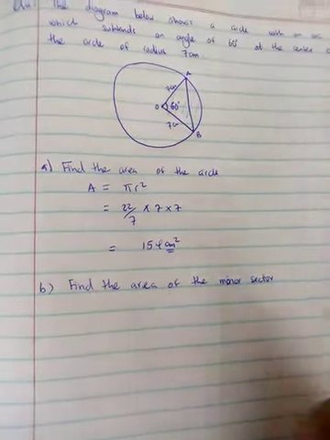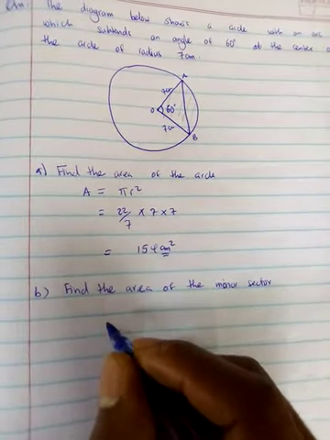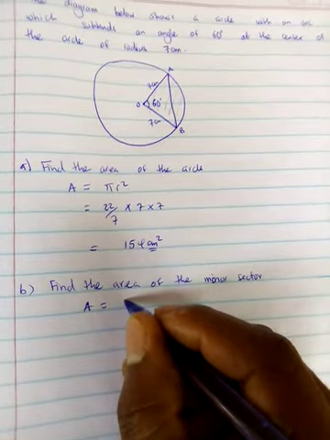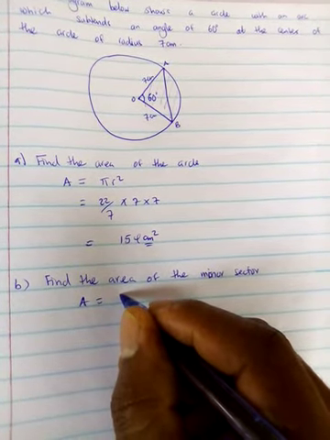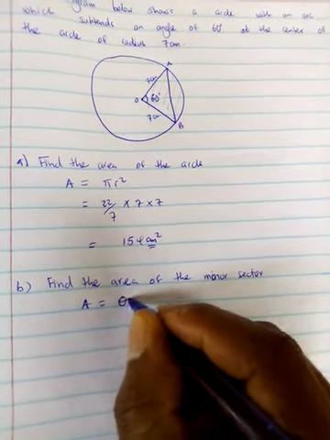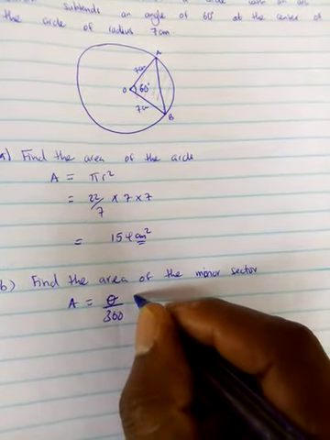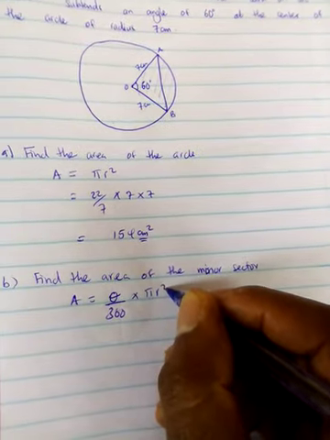So if we are to find the area of the minor sector, the area will equal the angle it subtends, which I can call theta, divided by 360, multiplied by the area of the circle, which is pi r squared.